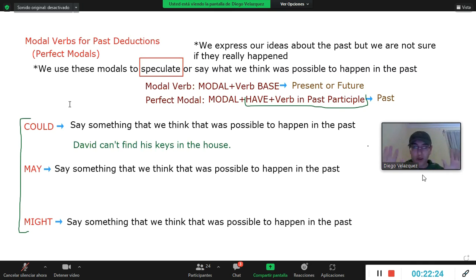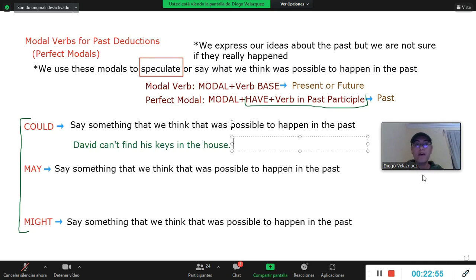This is a normal sentence, not related for the moment to a perfect modal. But what do we have? We have this real situation in which David cannot find his keys in the house. What happened to the keys? We don't really know, but we can speculate.